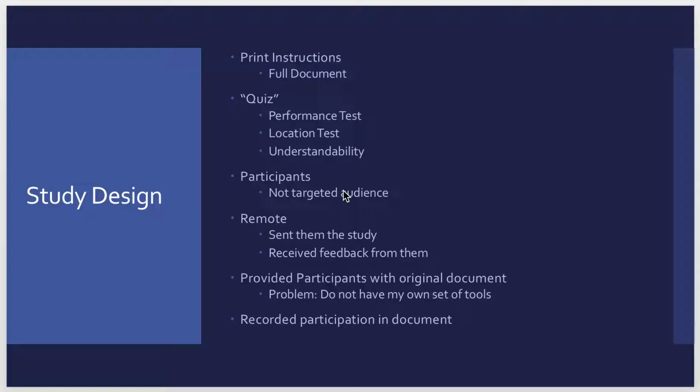To test the instructions, I created a quiz that was subdivided into a performance test, a location test, and understandability. This required participants to walk through some of the steps on their own, locate information, and answer a comprehension question.